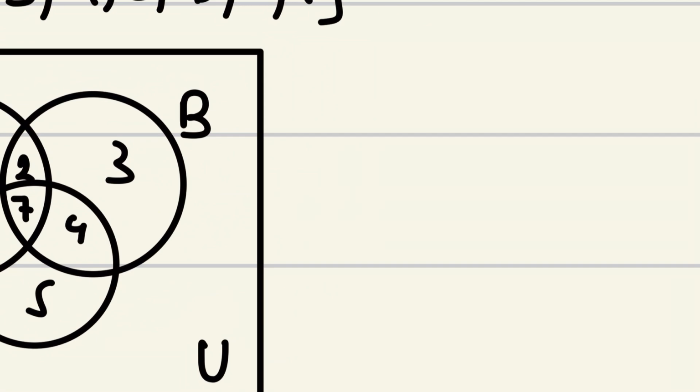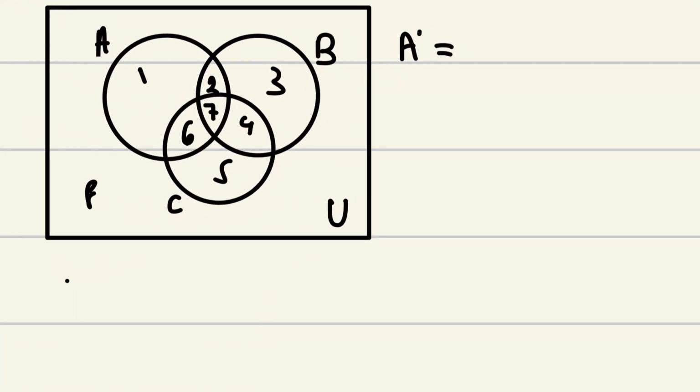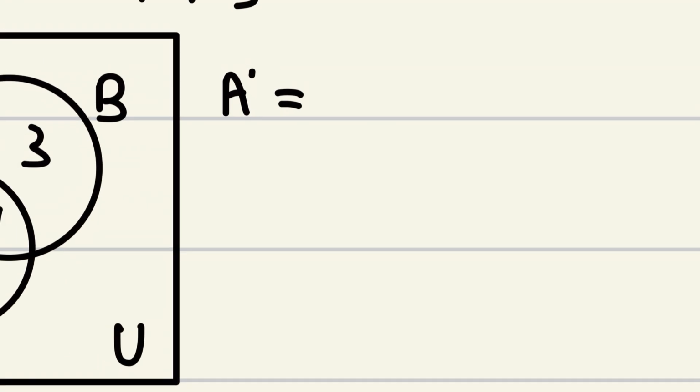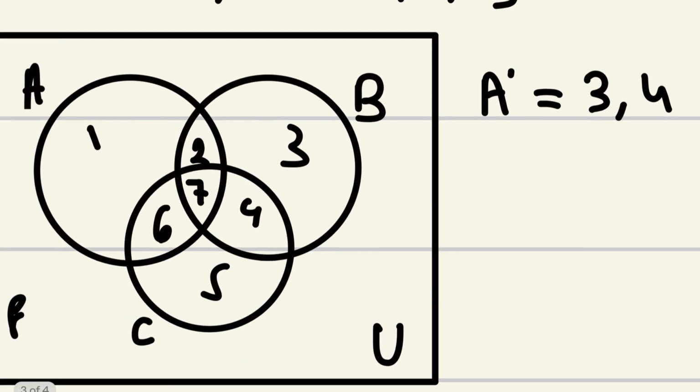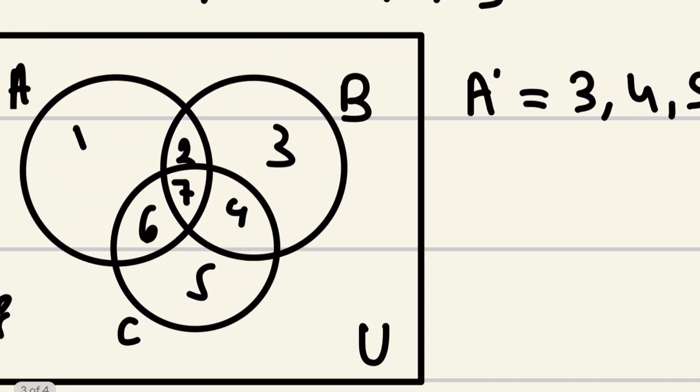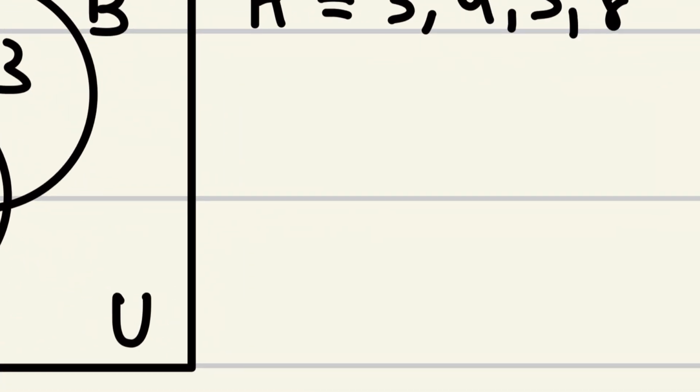So now let's look at the properties of this Venn diagram. Let's look at A complement. A complement is essentially just all of the elements that are not A. So we know that 1, 2, 7 and 6 belong in A. That means that 3, 4, 5 and 8 don't belong in A. So the complement of A is 3, 4, 5 and 8 because they're not in A, right?